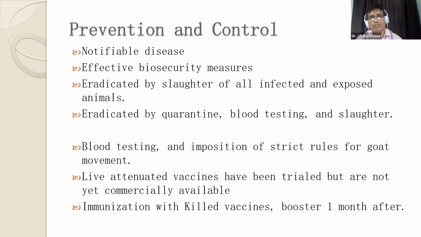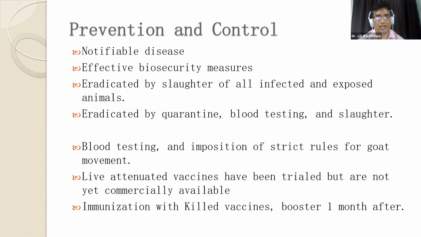One is eradication by slaughter of all infected and exposed animals. Practically, this policy is opposed by the farmers and is not possible. The other one is eradication by quarantine, testing, and slaughter policy. The other one is testing of the animals and strict imposition of rules for the movement of animals.